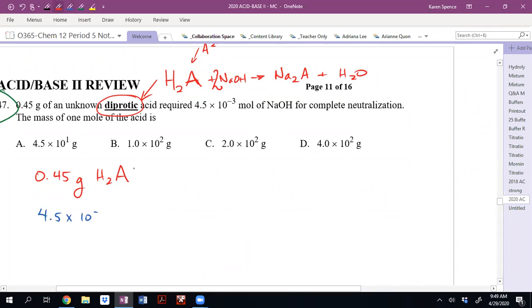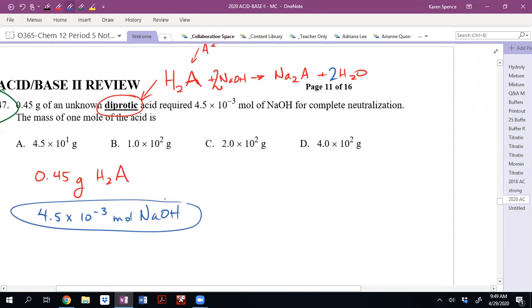There we go. That's not balanced. Oh, right. There we go. So this is how much was needed to neutralize that.